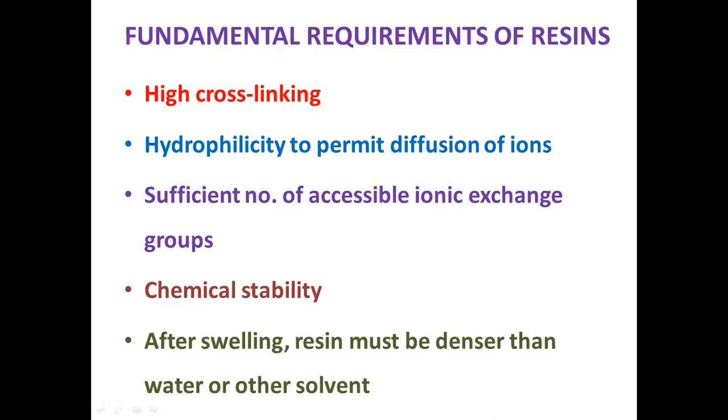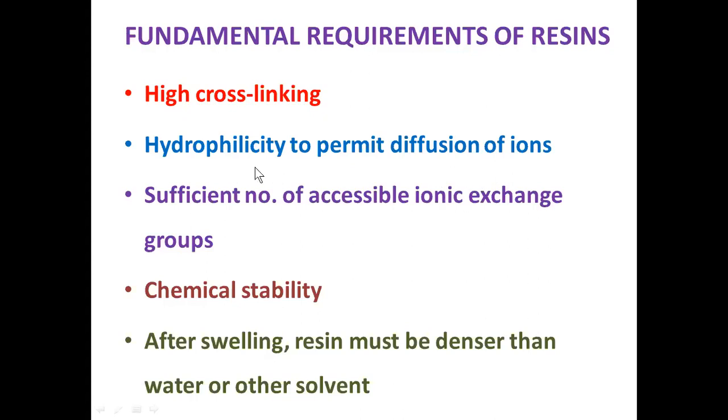Any resin you consider must fulfill some fundamental requirements. What are those requirements? As I told you, the resin must have a large degree of cross-linking, in order to provide more exchangeable groups, and the resin must be hydrophilic in order to permit the diffusion of the ions during the sample introduction.